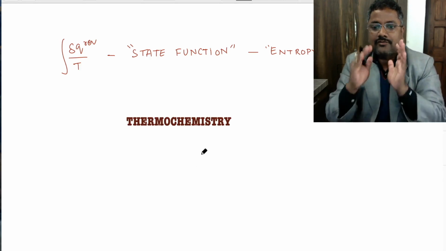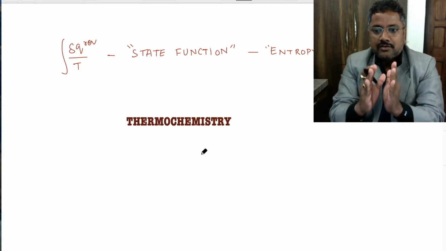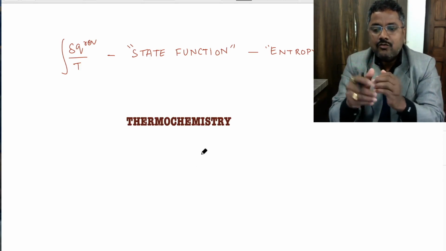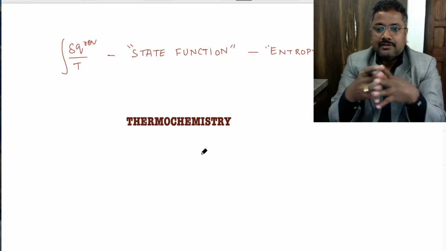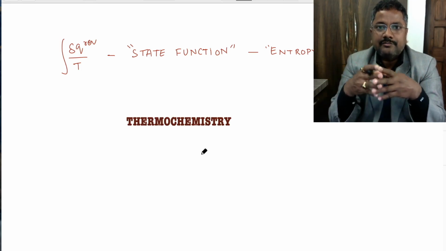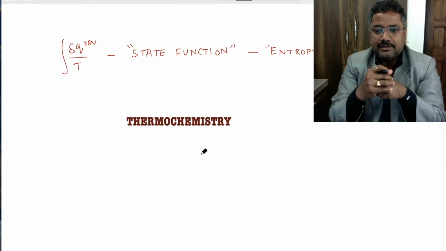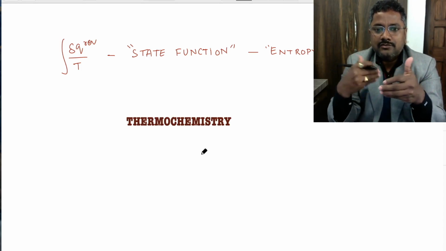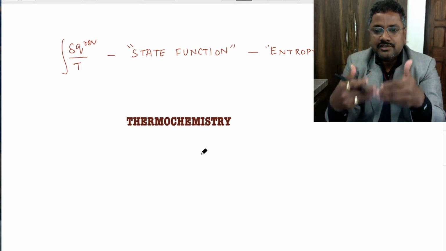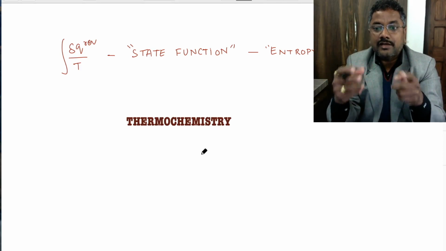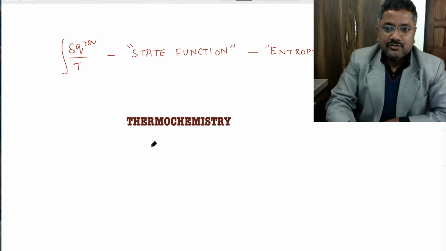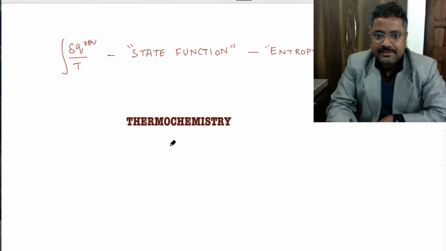Our focus is, for a chemical reaction, how to calculate the change in energy, basically heat energy, that we are going to measure. So how can this change in heat energy be measured for a chemical reaction?